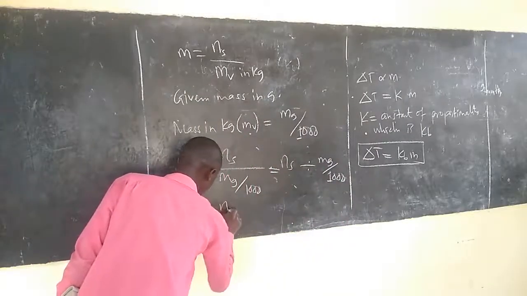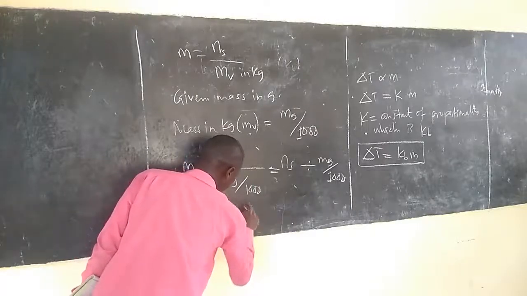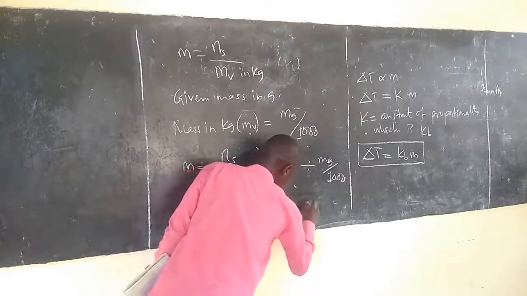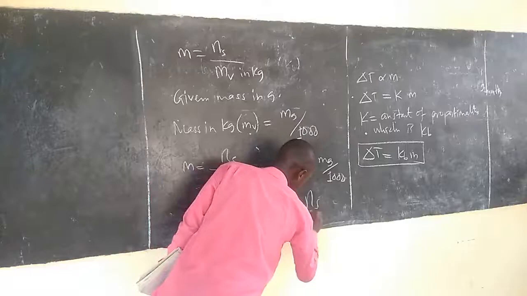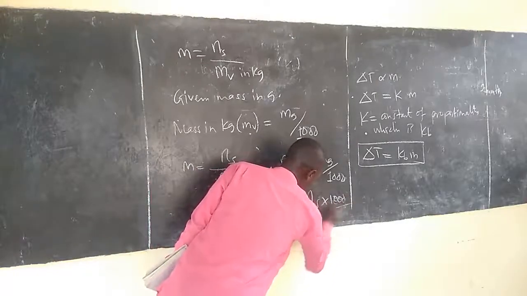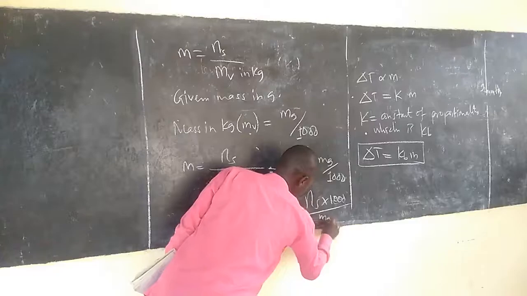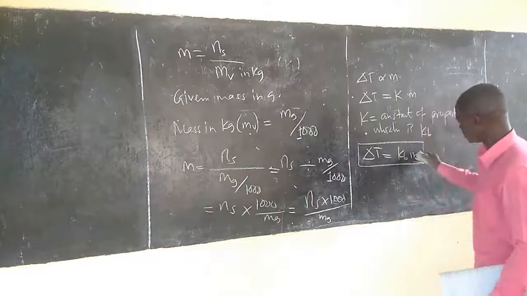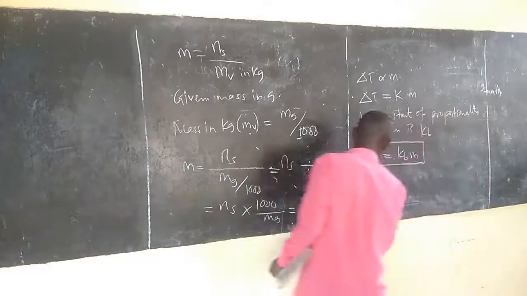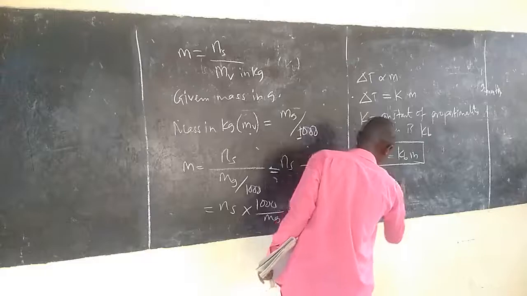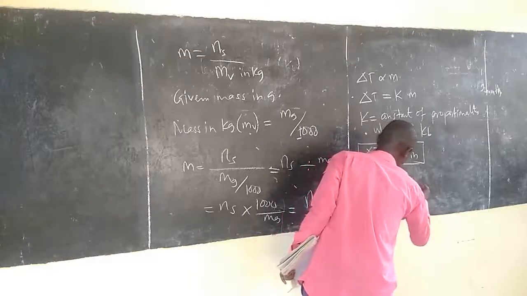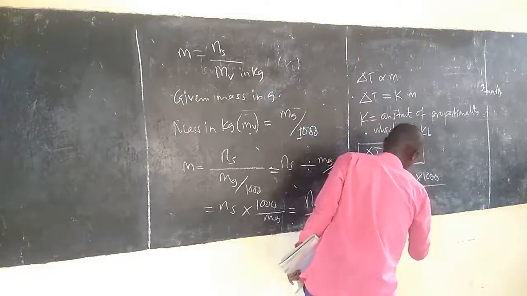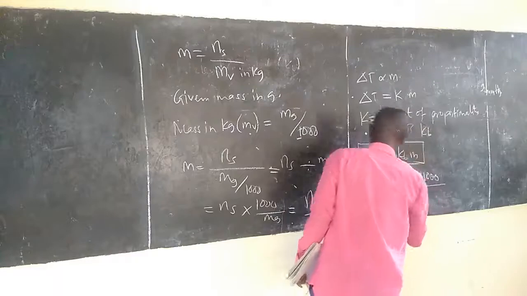So you get NS times 1000 divided by mg, that is, the number of moles of solute times 1000 divided by the mass of solvent in grams. Taking this equation and inserting it here, we get the change in temperature is equal to Kb times the number of moles of solute times 1000 divided by the mass of solvent.